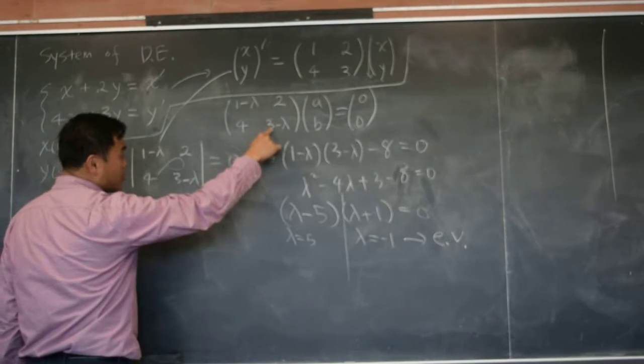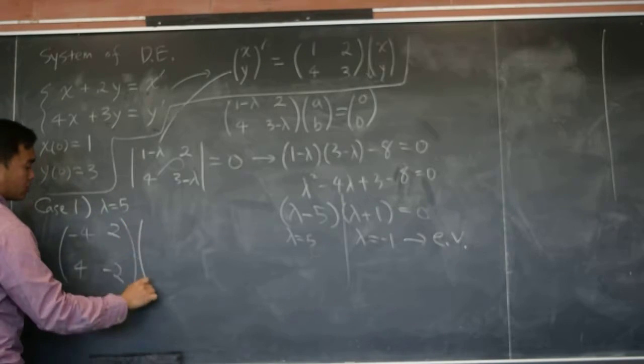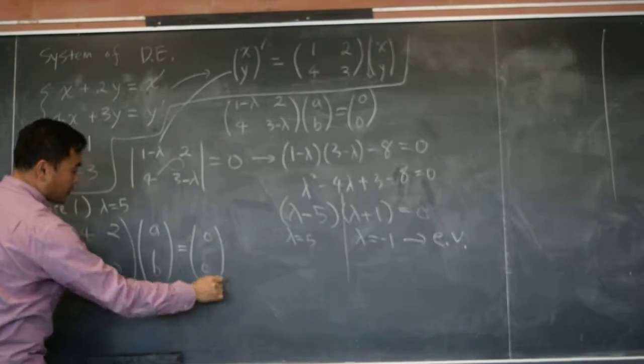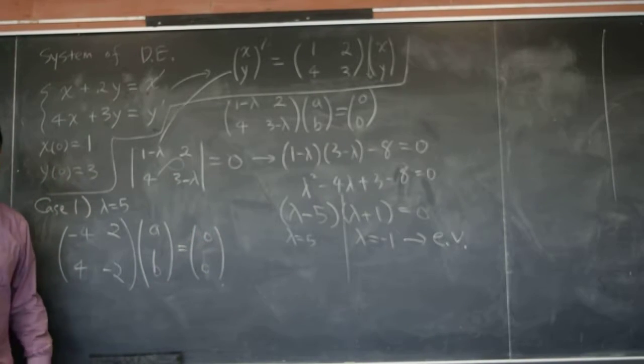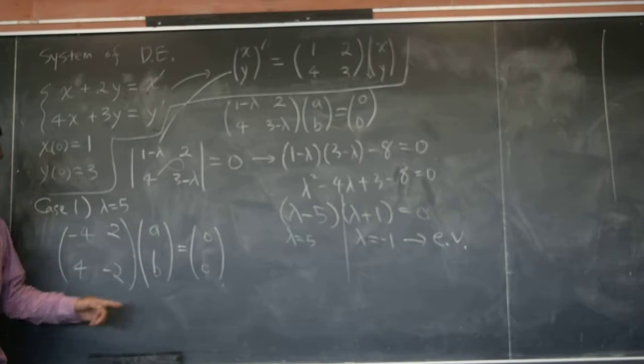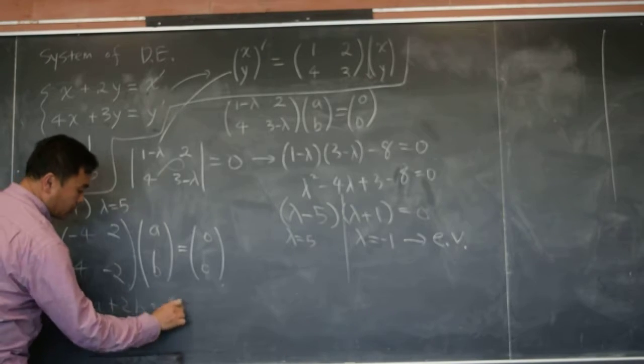And 3 minus 5 is negative 2. So you have 4, negative 2. A, B equal to 0, 0. And then you can see that the top row says negative 4a plus 2b is 0, right? Negative 4a plus 2b is 0.